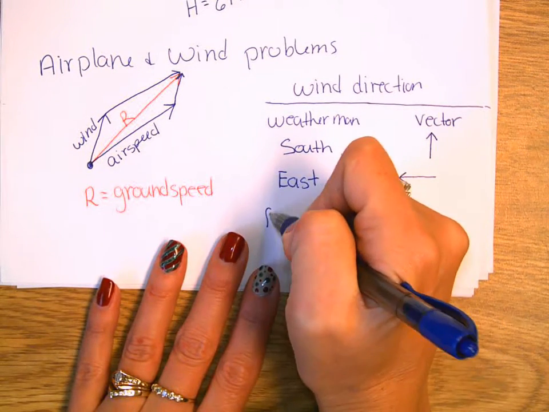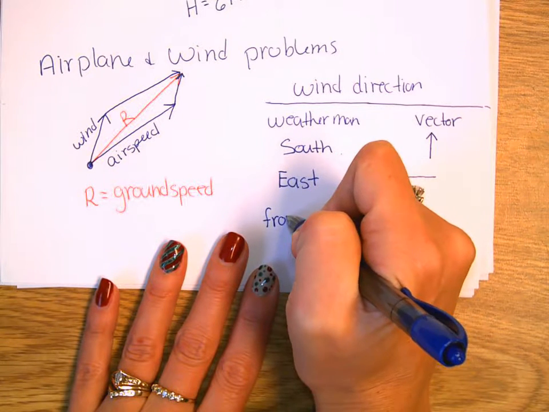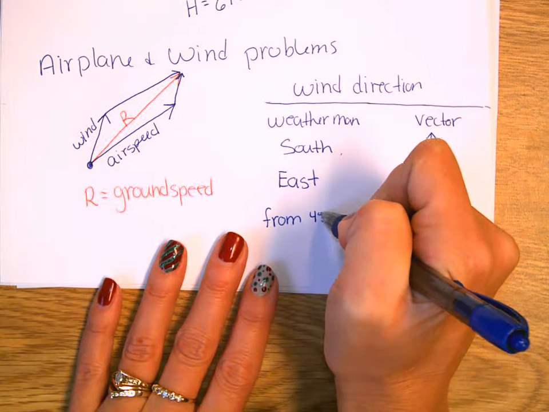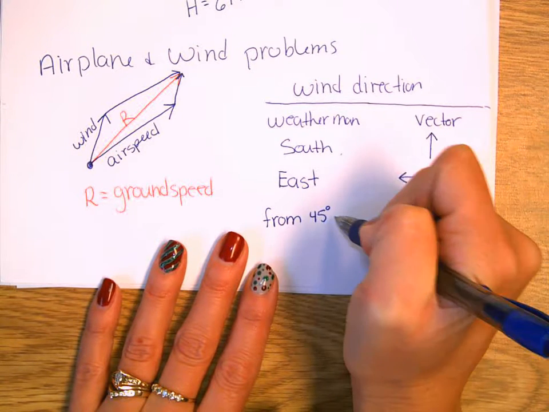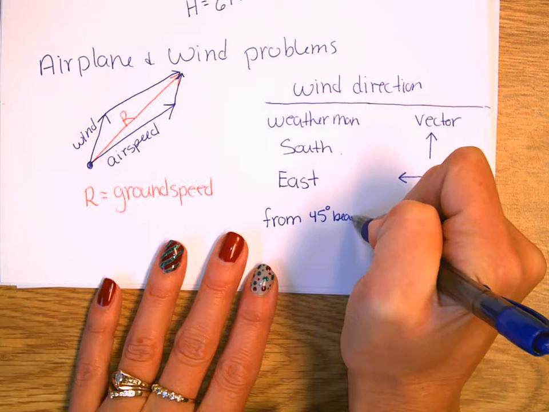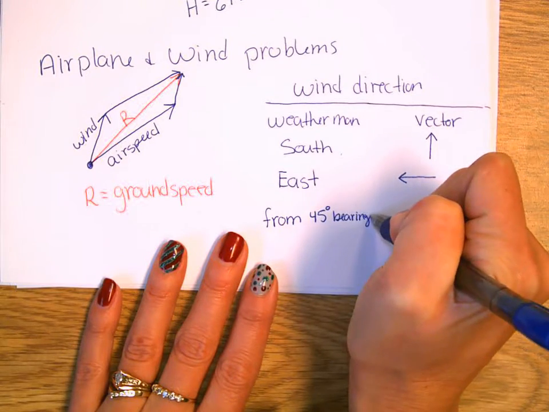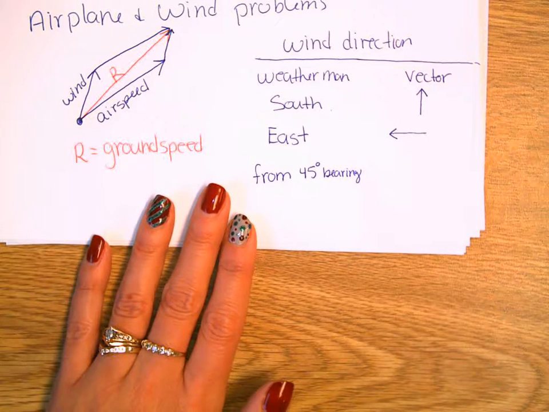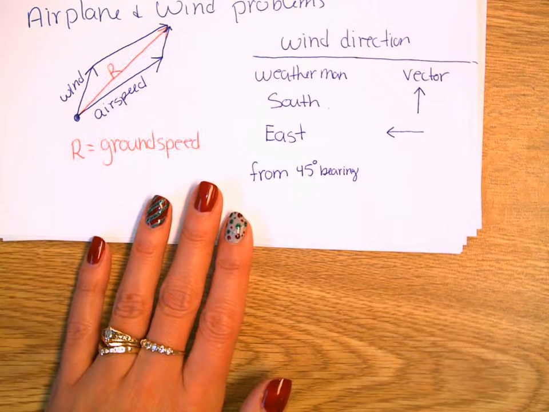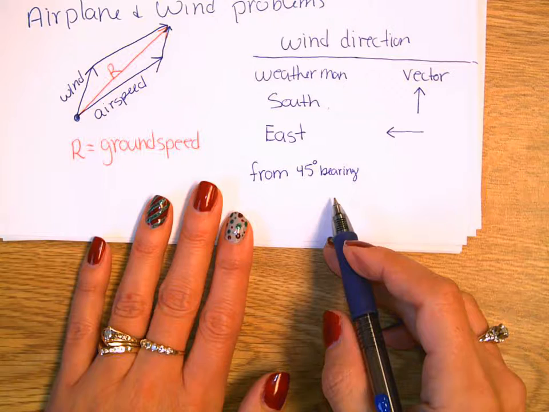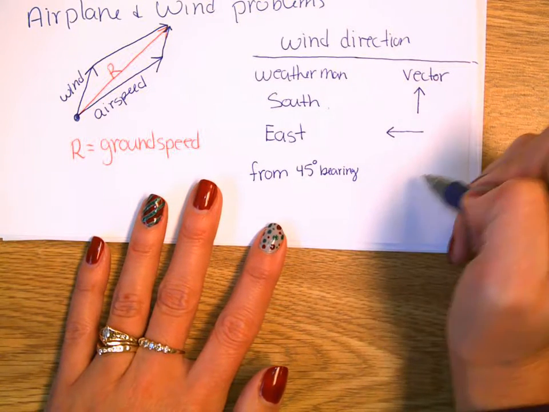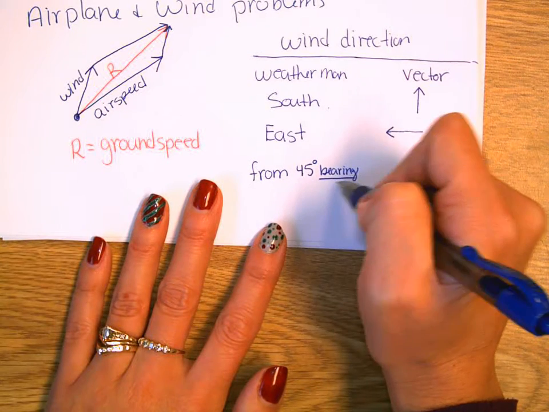So now if it's blowing from a 45-degree bearing, which way is it actually blowing? And this is a bearing. We're going to actually draw the picture. You see, bearings are coming back.